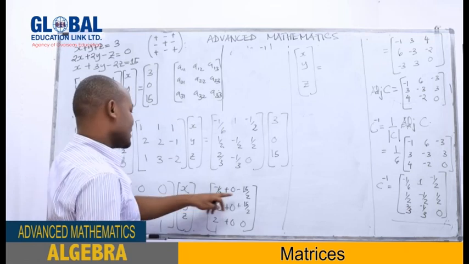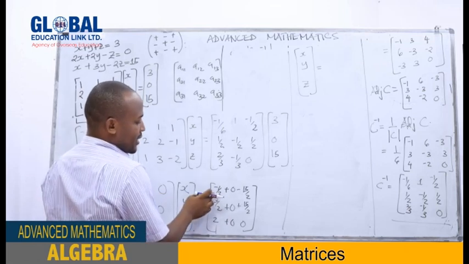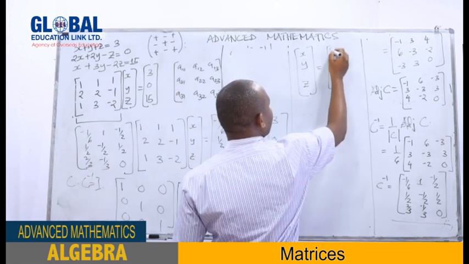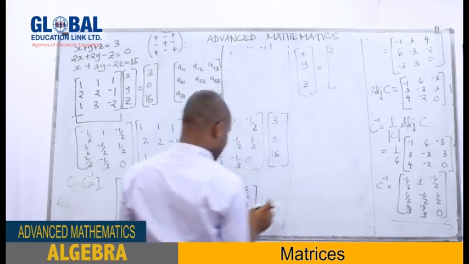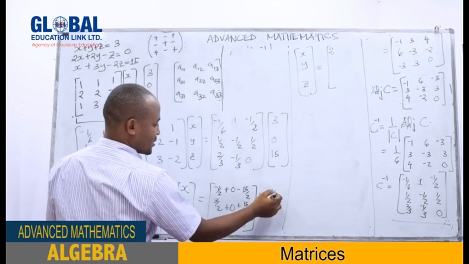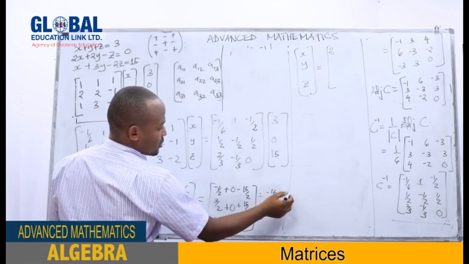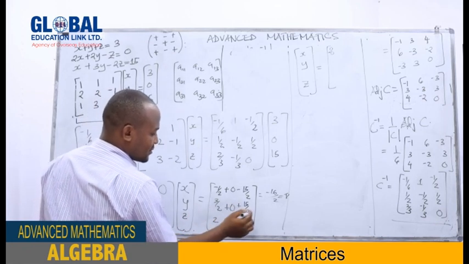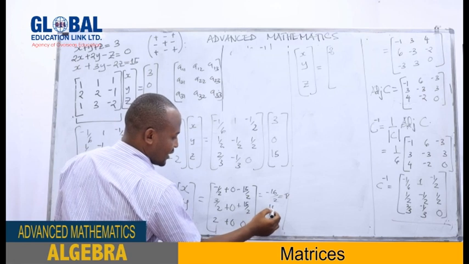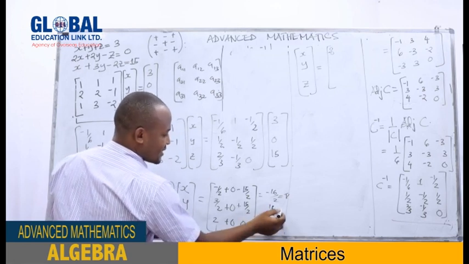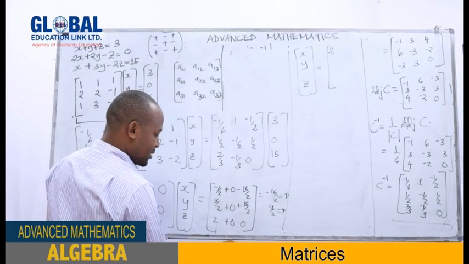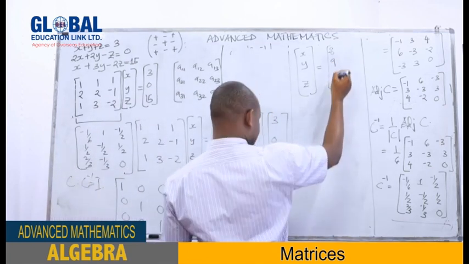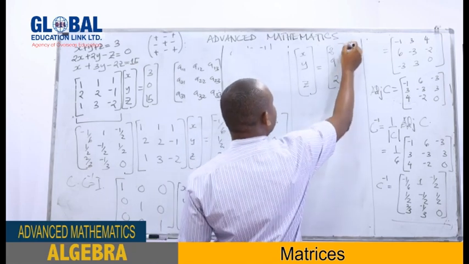And then finding the answers to that part, there will be negative 16 over 2, which is equal to negative 8, and that part will be a positive 18 over 2, that is 9, and that part will be equal to 2. So we have 9 and then we have 2.